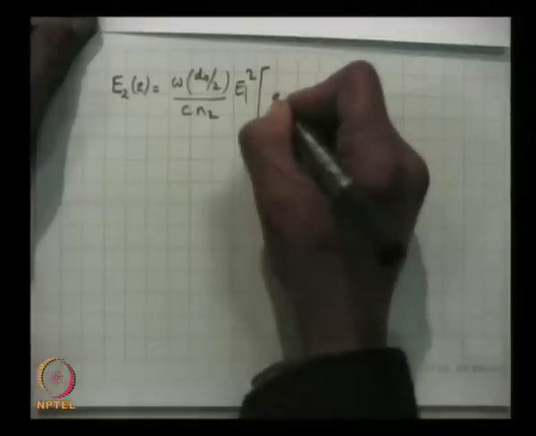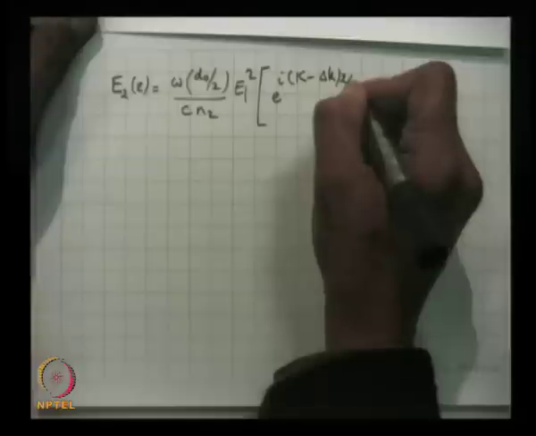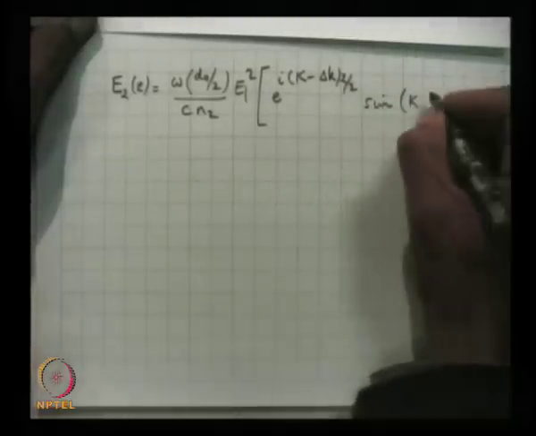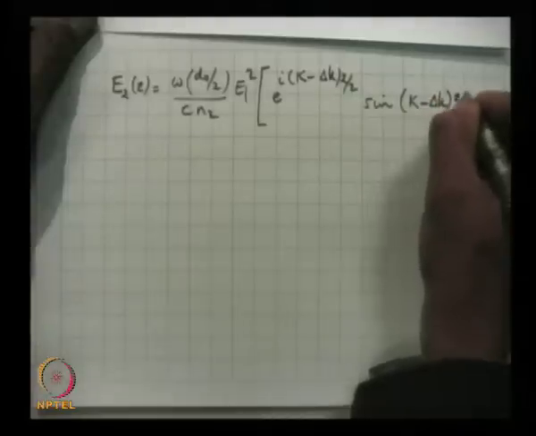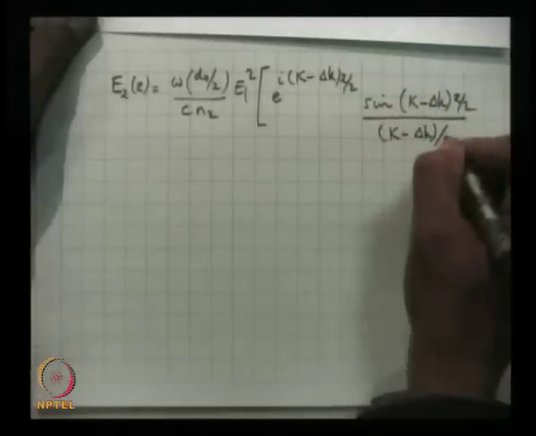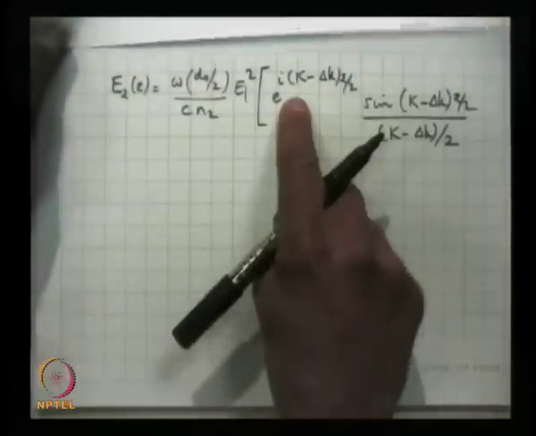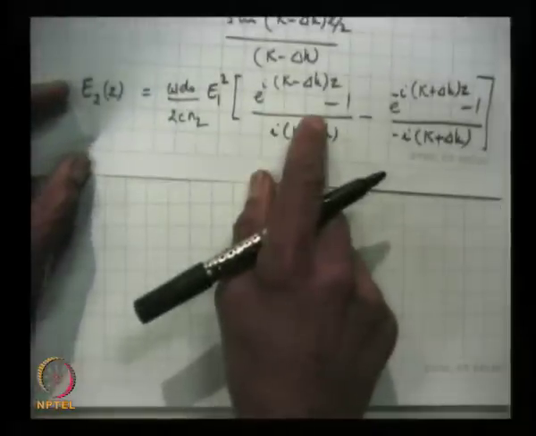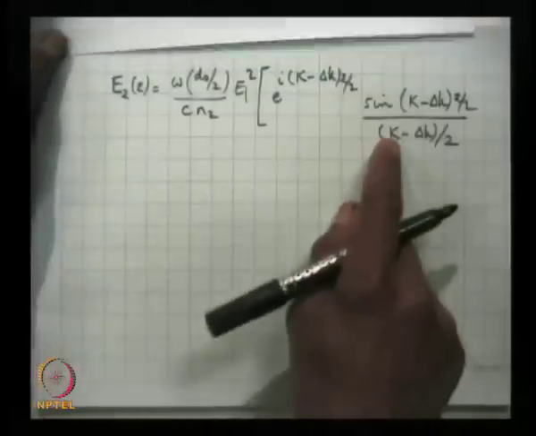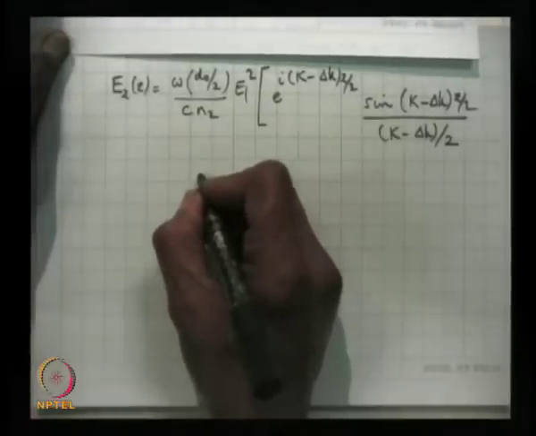The first term will be e^(i(K−Δk)z/2) into sin((K−Δk)z/2)/((K−Δk)/2), right, because this is 2i. If I take one of the factors out, this becomes 2i sin((K−Δk)z/2). The 2 I take with the denominator here and write it like this, and then the second term will be minus.